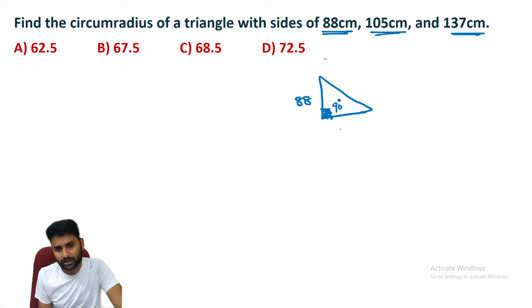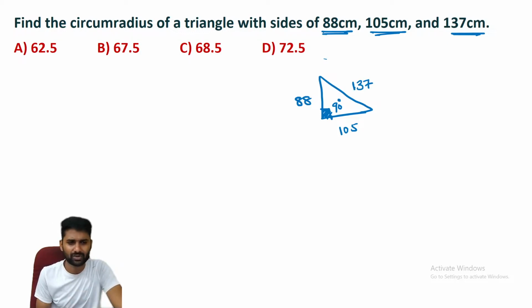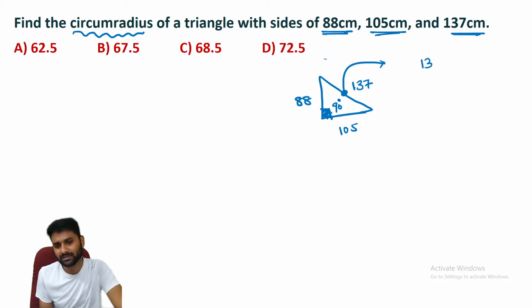According to this rule, the sum of the squares of the two sides is exactly equal to the square of the hypotenuse. If you recognize that these are triplets, you can solve this question. Why? Because in any right angle triangle, the circumcenter always lies on the hypotenuse. See here the hypotenuse. Now the answer is 137 divided by 2.